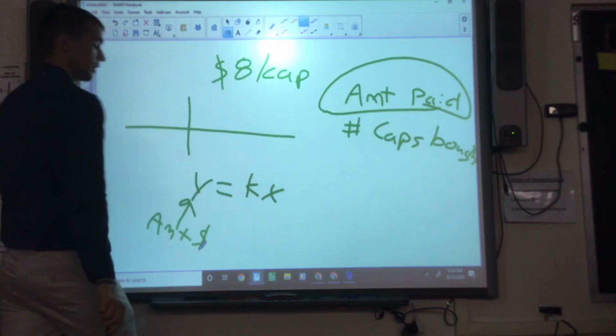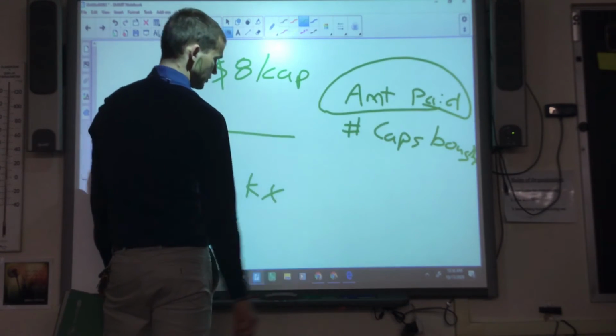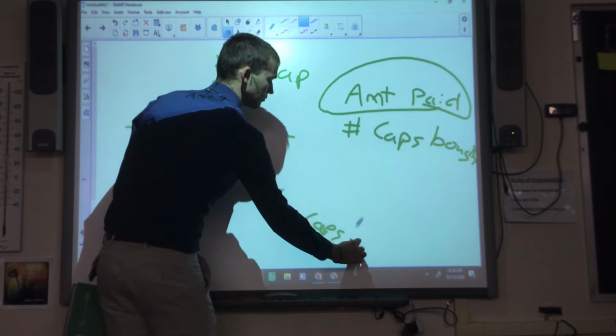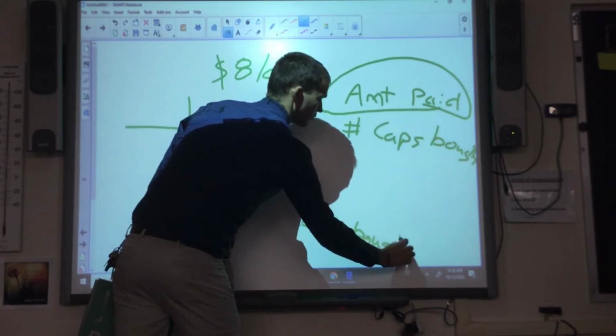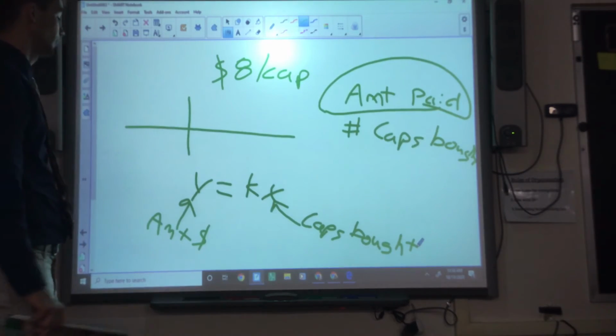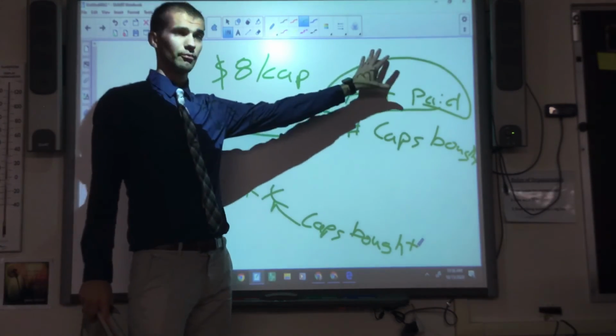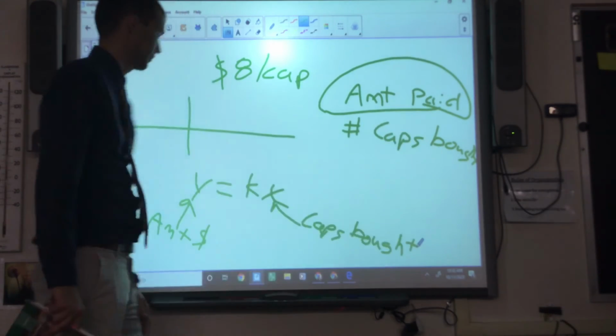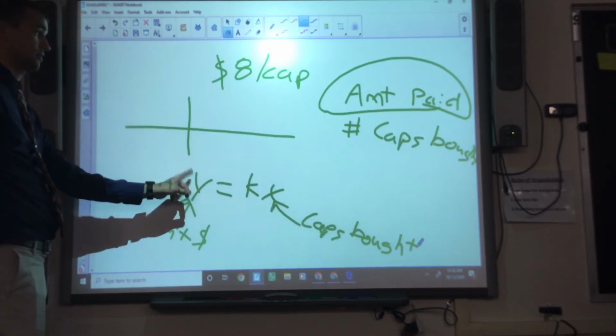Amount of money is directly proportional to the caps bought. This is the caps bought. You're going to want to remember that. Write that down, whatever you need to. Whatever they list first, the amount paid is directly proportional to caps bought. So amount paid is going to be that y value.